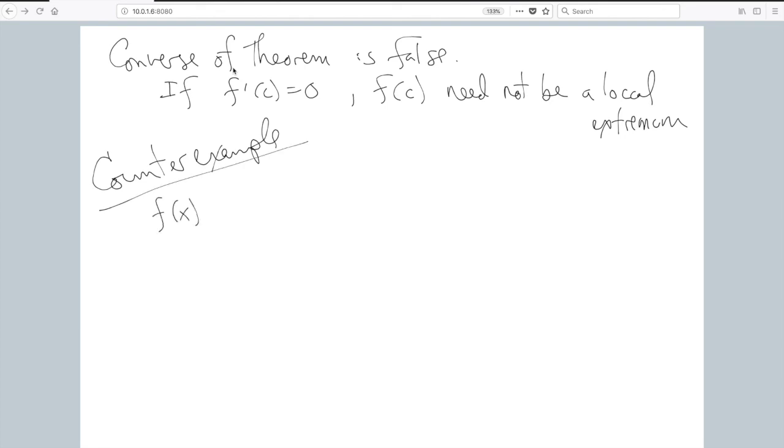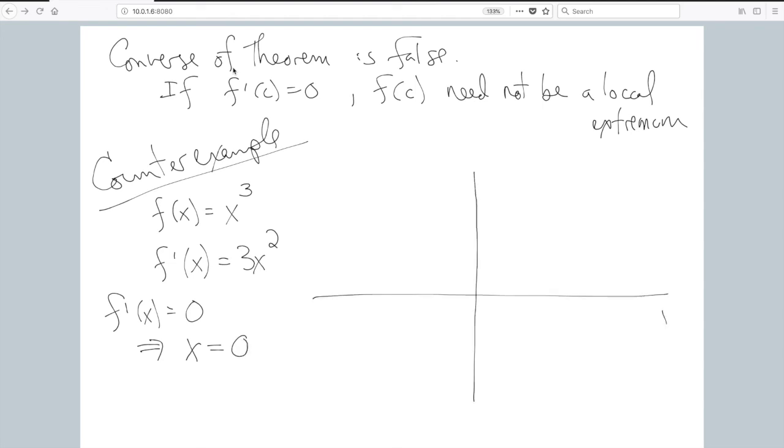f of x equals x cubed. Let's think about finding local extrema. f prime of x is 3x squared. We set that equal to 0. That only has the solution of x equals 0.